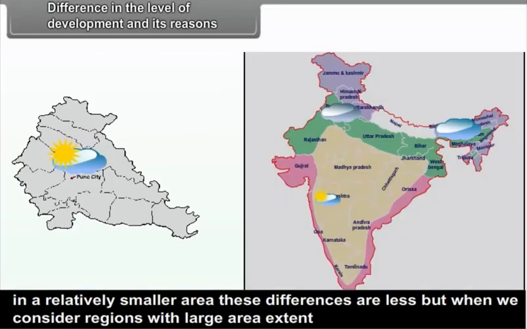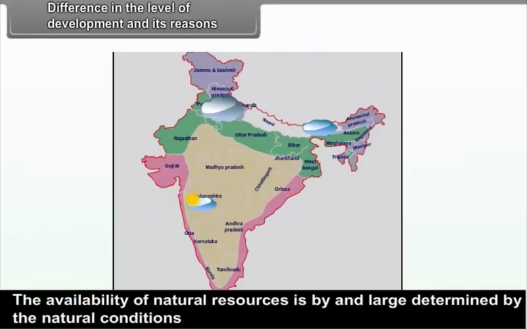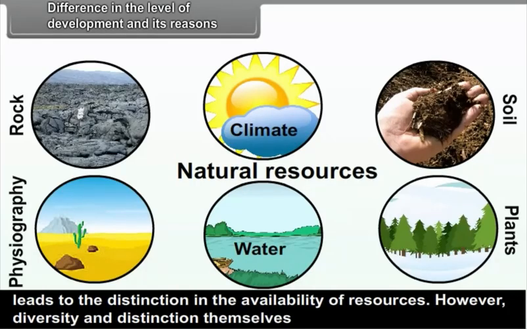But when we consider regions with large area extent, differences in natural conditions of various parts of the region become prominent. The availability of natural resources is by and large determined by the natural conditions, which leads to the distinction in the availability of resources.